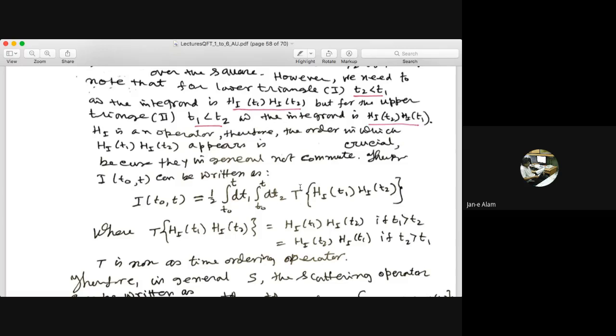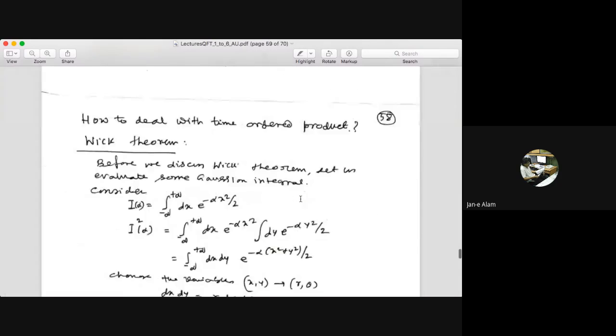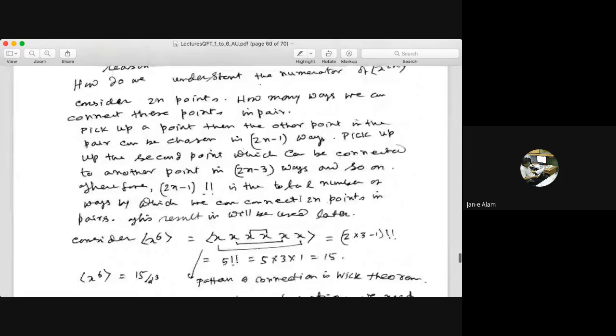So the time ordering operator automatically comes into the picture. Now the next question is how to handle the time ordering operator.